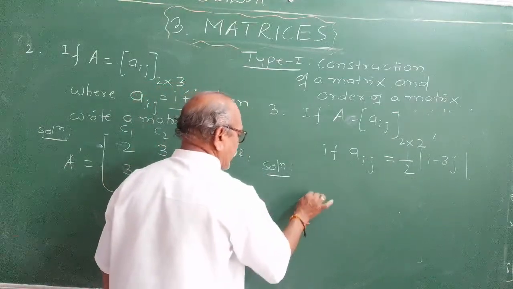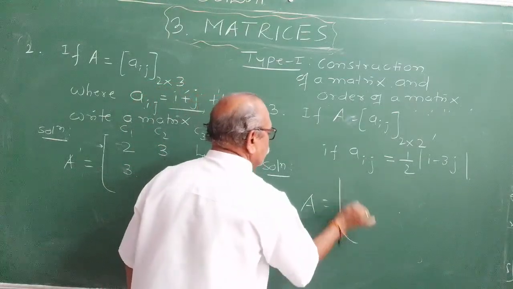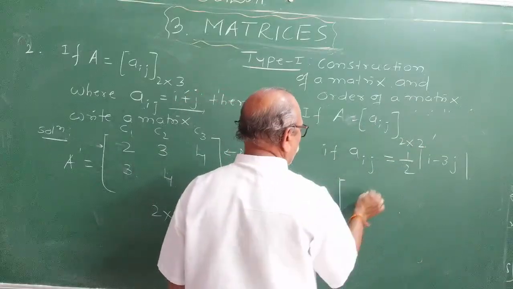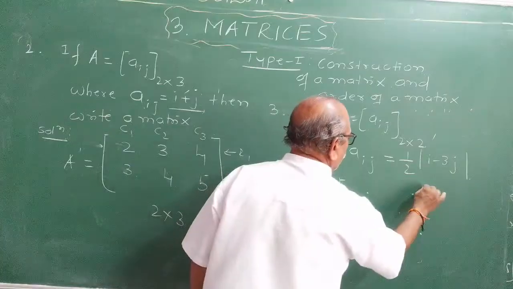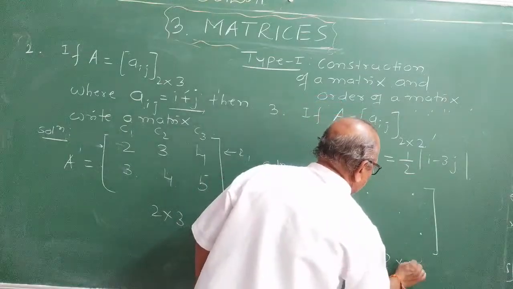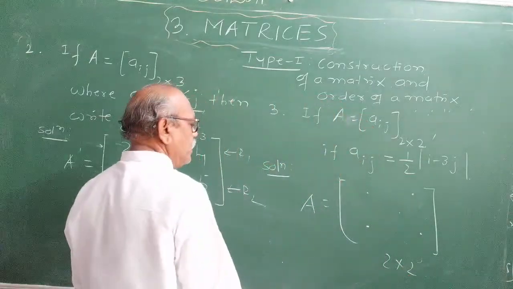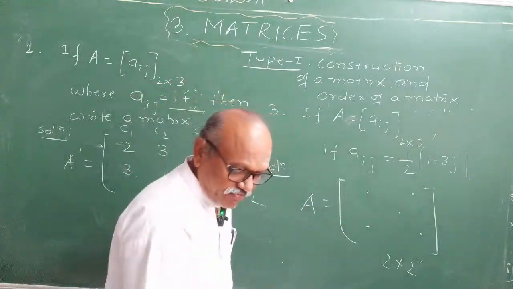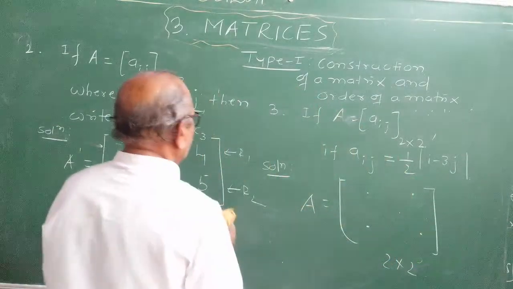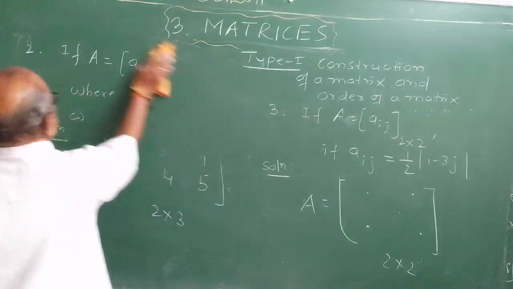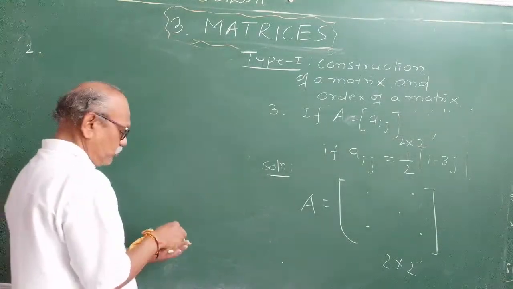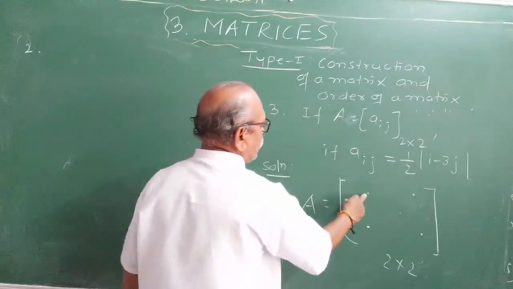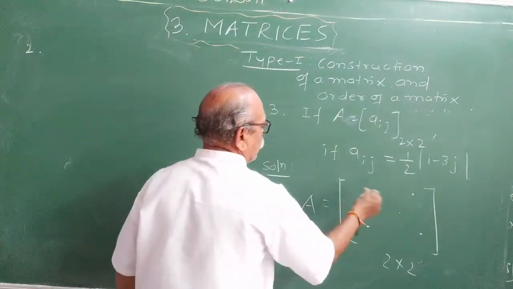First of all, you write A, put the dots. How many rows and how many columns? 1, 2, 3, 4. How many rows are there? 2 rows and 2 columns. Right? Now, you have to find out the element satisfying the conditions. What is the element here? The first element. This is the element present in what? The first row and first column.